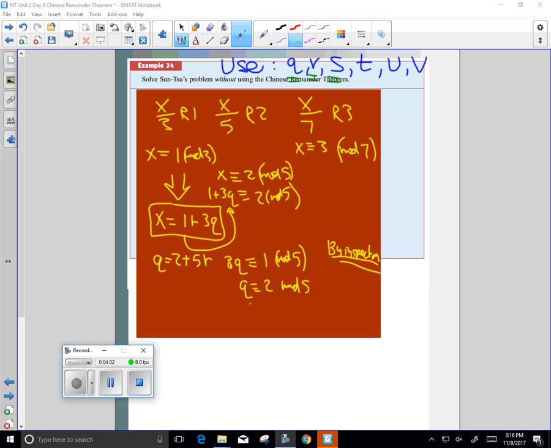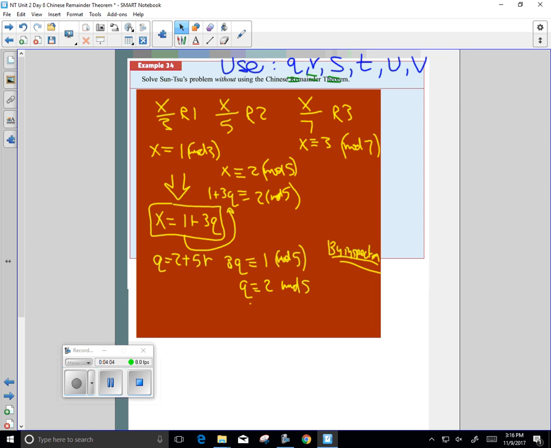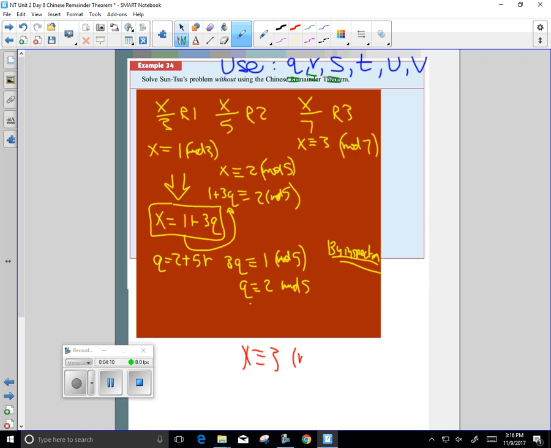Now I'm going to take this one here, and I'm going to write it down here. X is congruent to 3 mod 7.